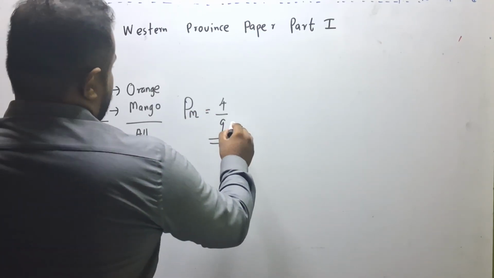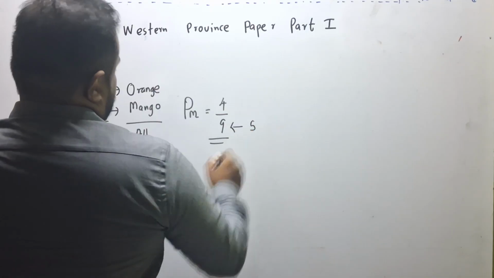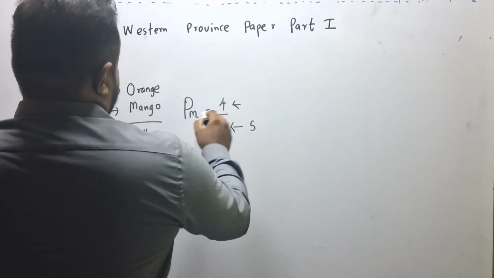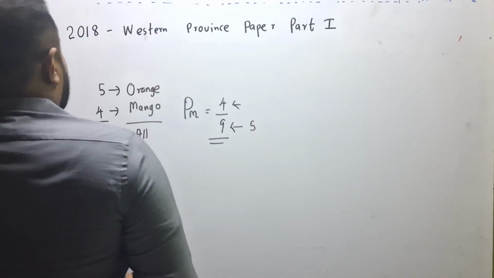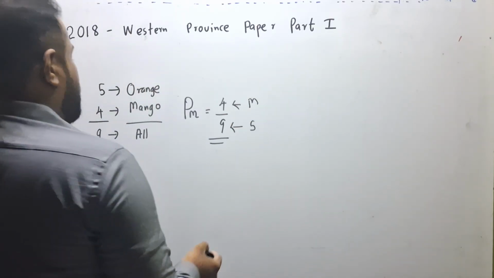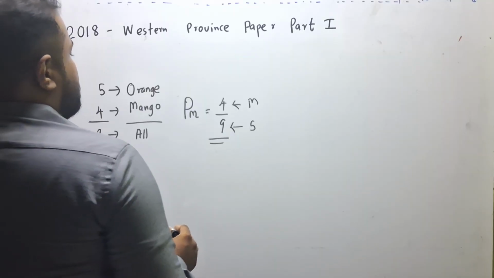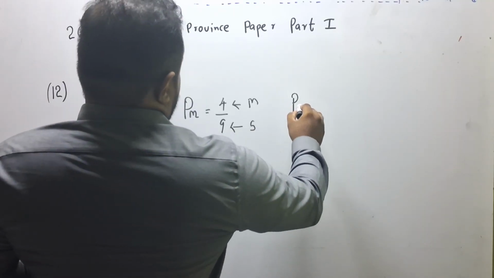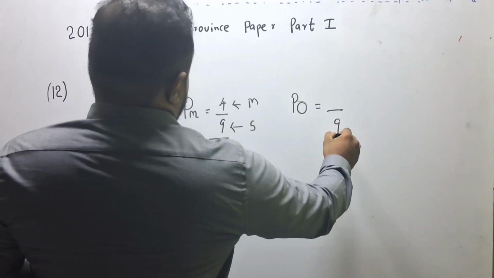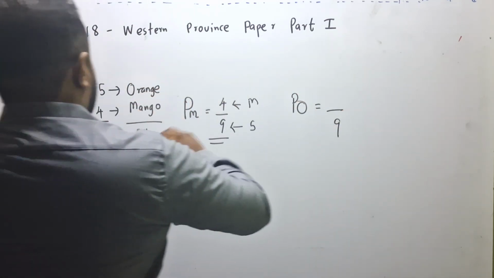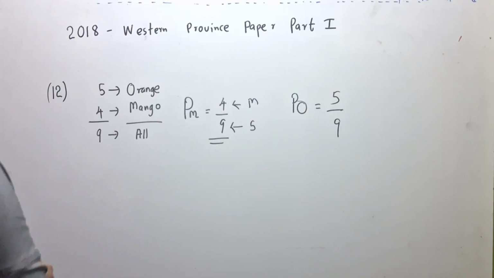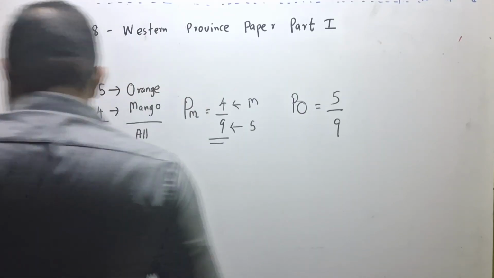This is the sample space, and this is the event M. If they ask about being an orange, the probability of being an orange, sample space is 9, event orange is 5. 5 out of 9. That's the answer. Next question.